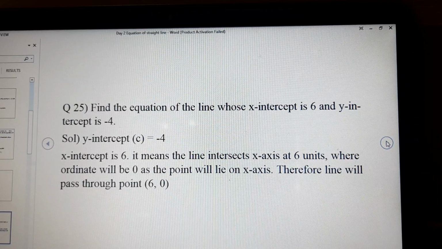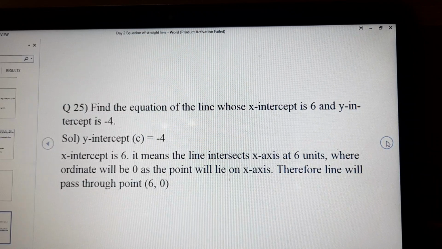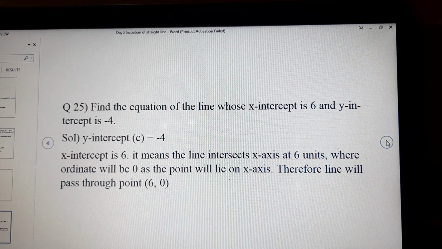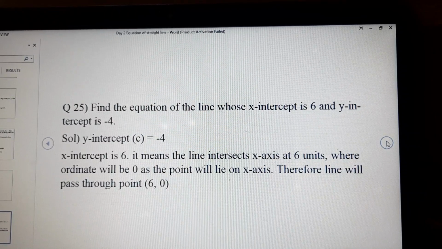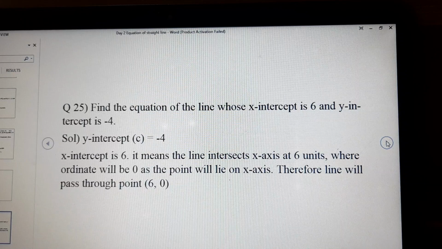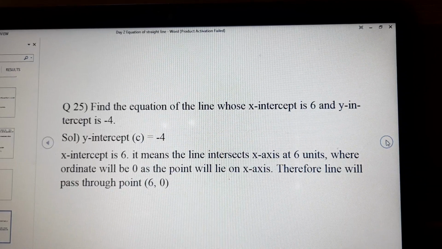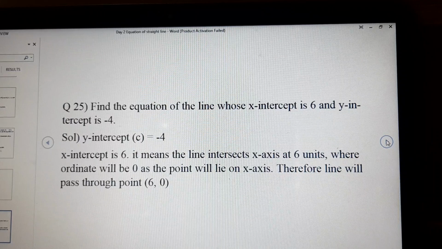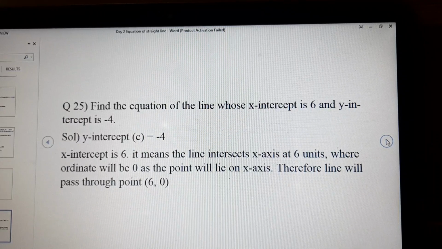It says: find the equation of the line whose x-intercept is 6 and y-intercept is minus 4. Y-intercept means c. c is equal to minus 4. Clear? And x-intercept is 6. It means the line intersects the x-axis at 6 units.